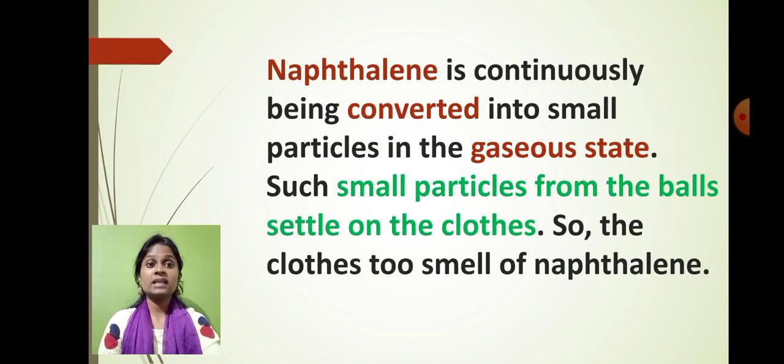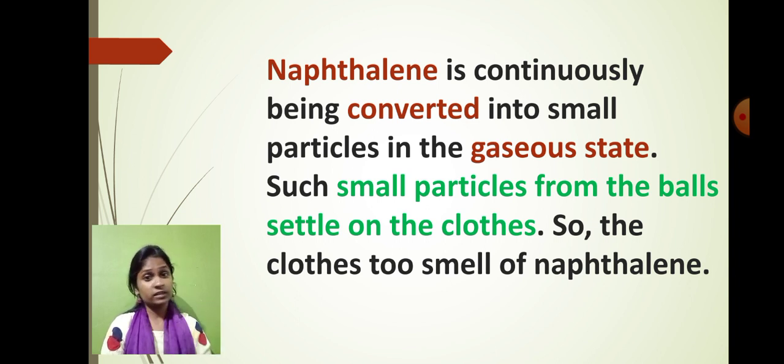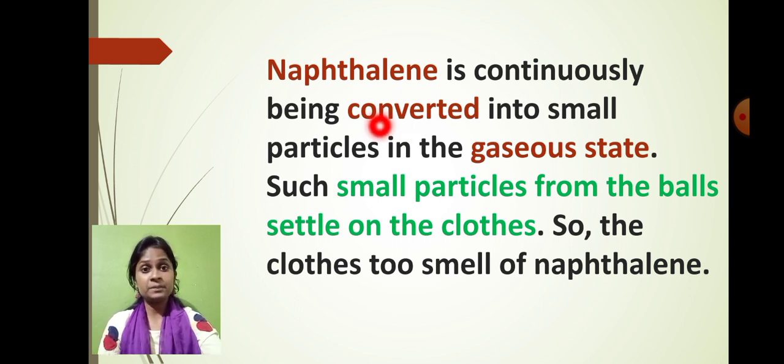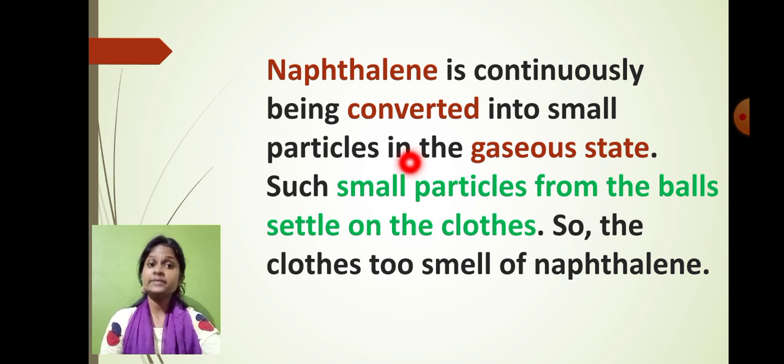So students, in the last lecture we spoke about the naphthalene ball. I asked you that most of the time, whenever we keep naphthalene balls with cloth, the cloth also smells like the naphthalene ball. What was the reason? I told you that when the naphthalene ball is kept in contact with the air, it is continuously being converted into small particles, and those small particles are of gaseous state.